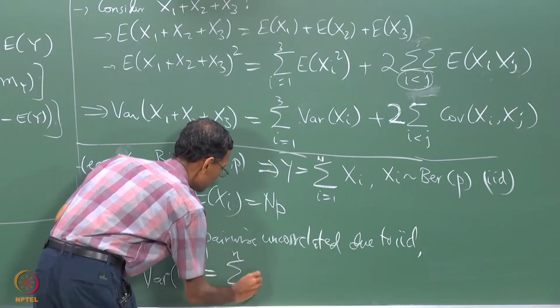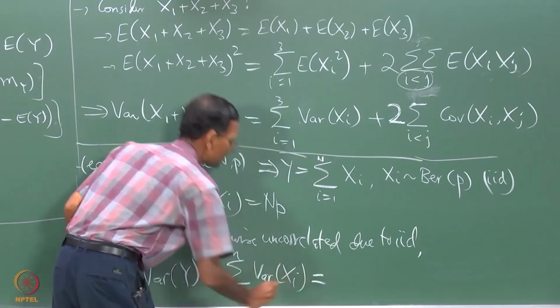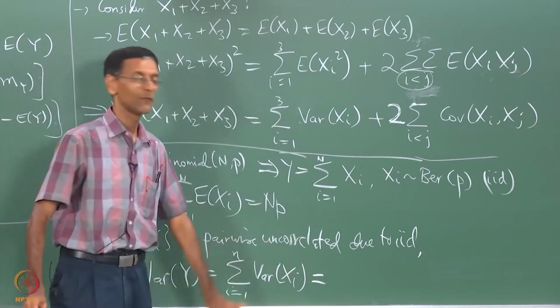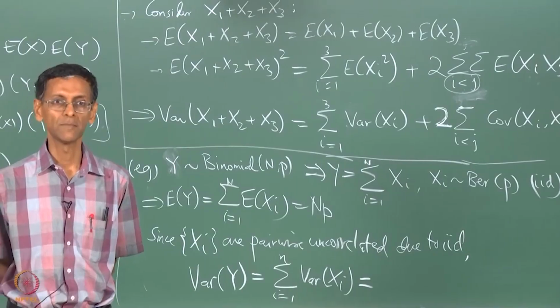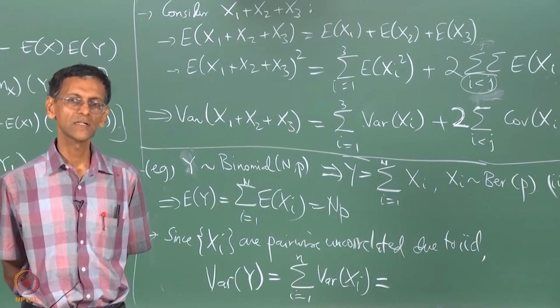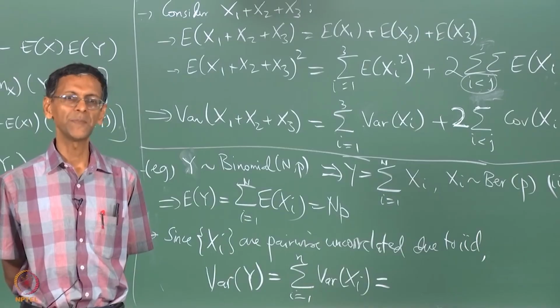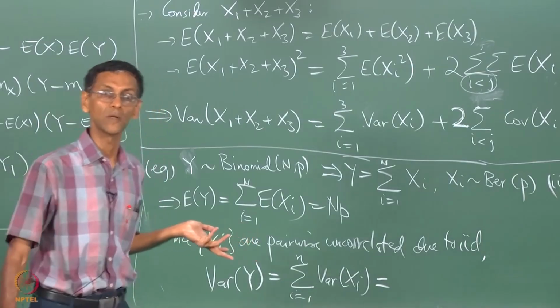It is the sum over i equal to 1 to n of variance of xi, and remember the variance of a Bernoulli random variable is p into 1 minus p, p minus p squared. So what do you get? You get the standard n times p into 1 minus p, which is the variance of the binomial.